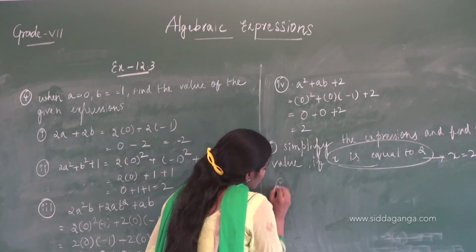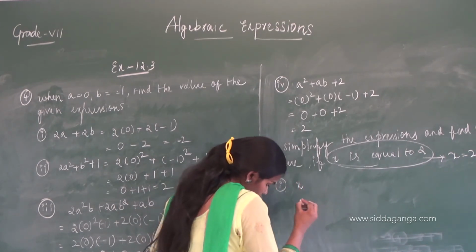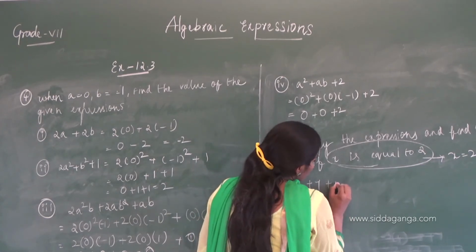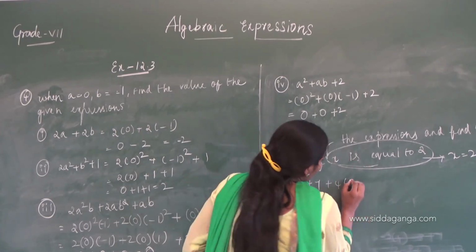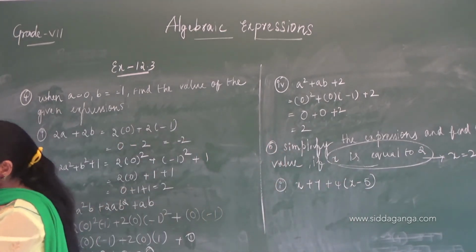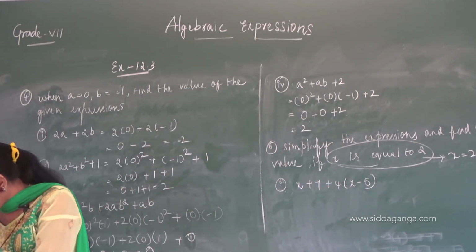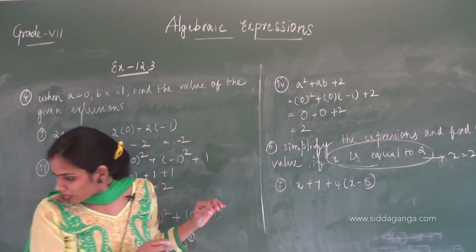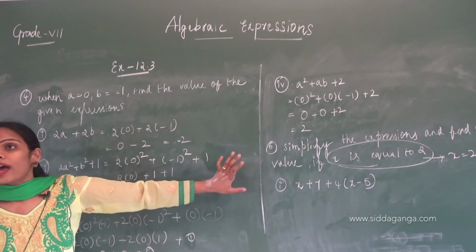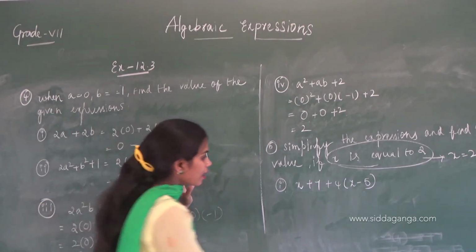How they are giving the expression means x plus 7 plus 4 into x minus 5.